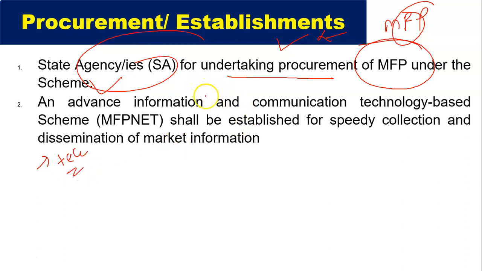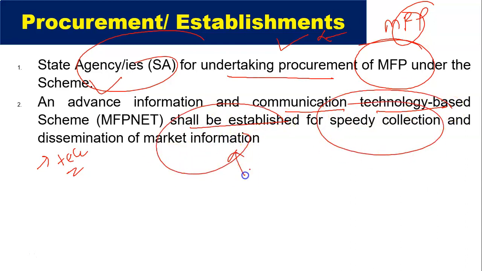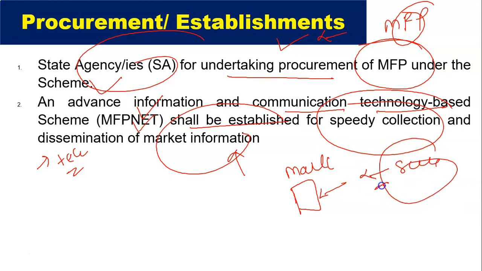For example, they have developed an advanced information and communication technology based scheme, and it shall be established for speedy collection and dissemination of market information. So at one end they are giving information regarding the market, and with the help of this information and communication technology based MFP net, they are also speedily collecting the minor forest produce.